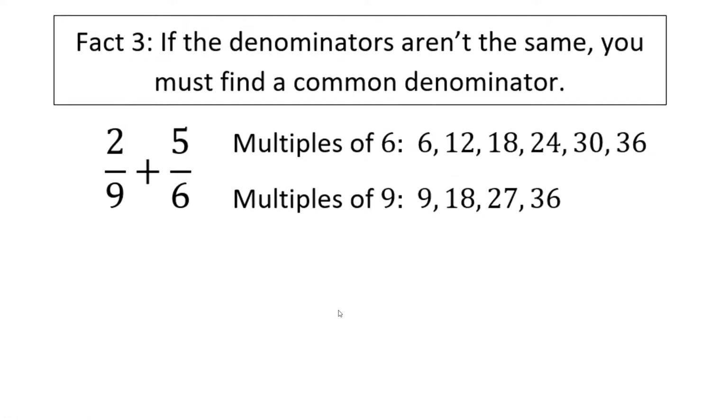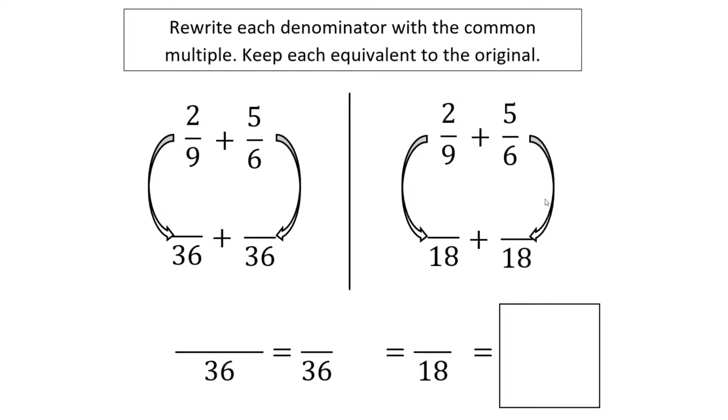Fact 3 is that if the denominators aren't the same, you have to find a common denominator. We're looking at the denominators of 9 and 6. The multiples of 6 are all these, up to 36, and the multiples of 9 are these. If we look at the last number, 36 is a common multiple of 9 and 6.